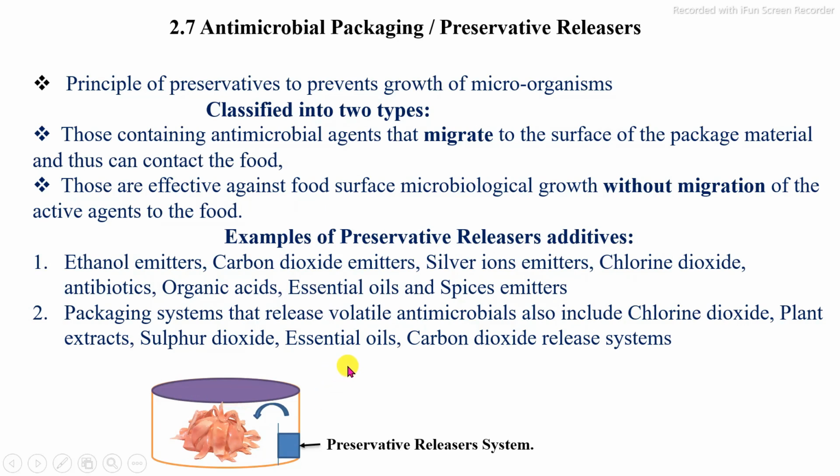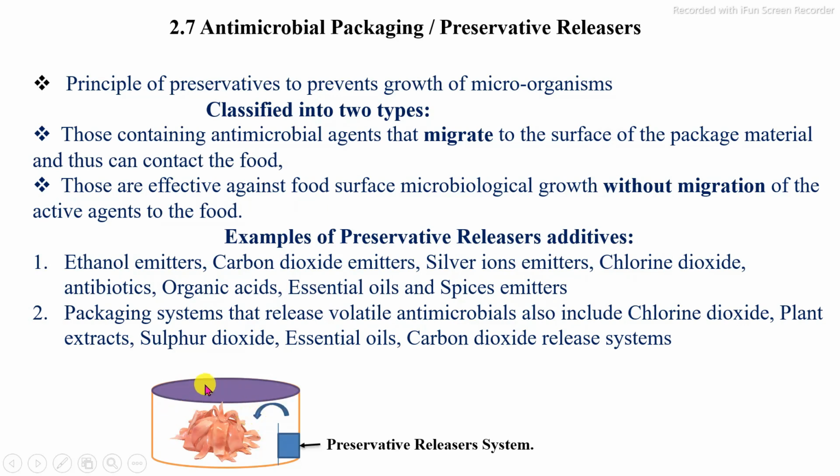The main examples are the ethanol emitting system, carbon dioxide emitting system, silver ion emitting system, then chlorine dioxide, antibiotics, organic acid releasing systems, essential oils, spice emitters, and natural antimicrobial agents released from this pad or sachet system to the inside of that packed product.